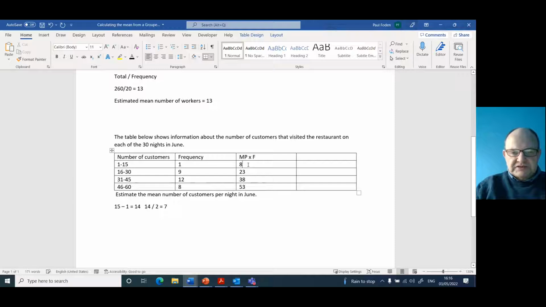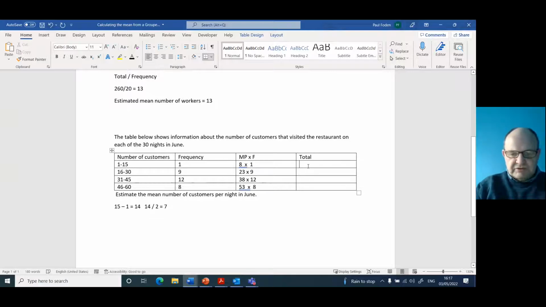So there are our midpoints, and we're multiplying each midpoint by the frequency, to estimate the mean. So we've got 8 times 1, 23 times 9, 38 times 12, and 53 times 8. And we've got our totals in the end column here.